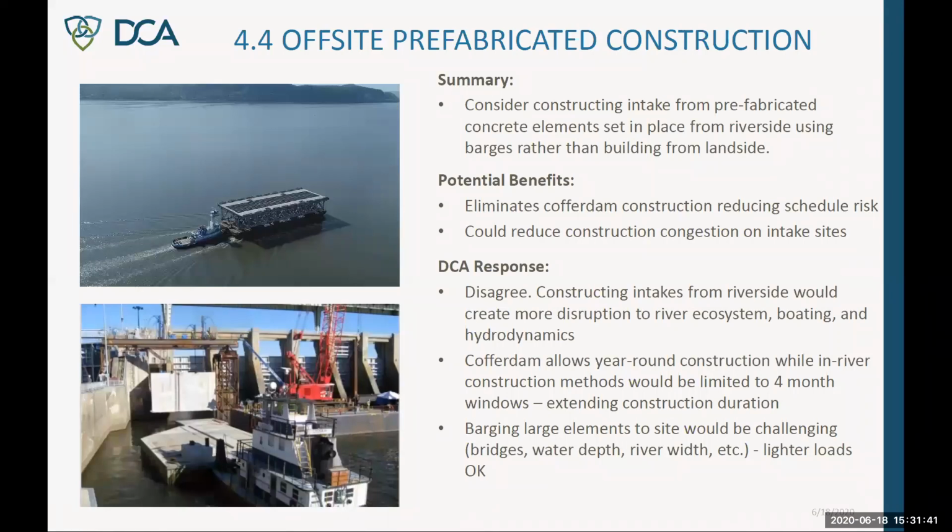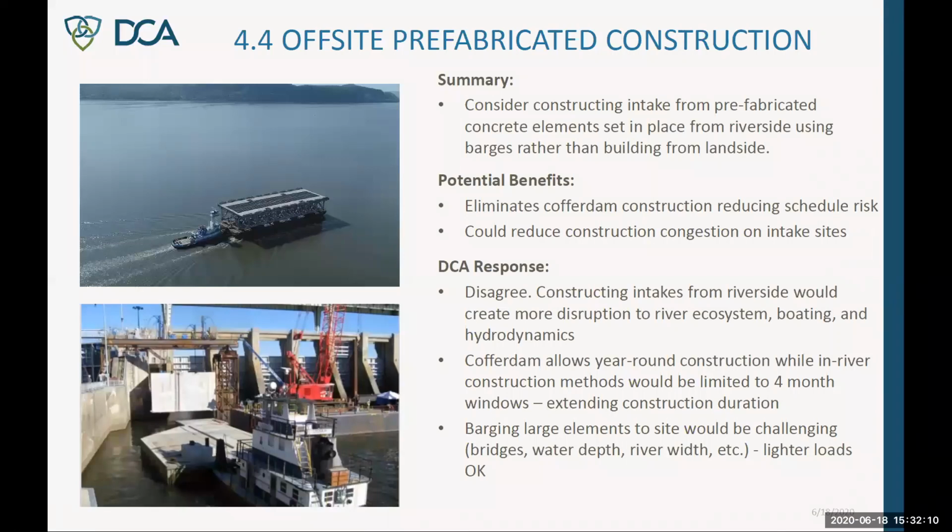Obviously, the team felt like it would eliminate cofferdam construction and reduce some of the schedule risk and could reduce some of the land side construction congestions at the intake sites. I want to kind of start off in a response. This concept has been considered for these intakes repeatedly. I've been working on the project since around 2010, and this is like the third time it's come up, and we keep running into the same issue.